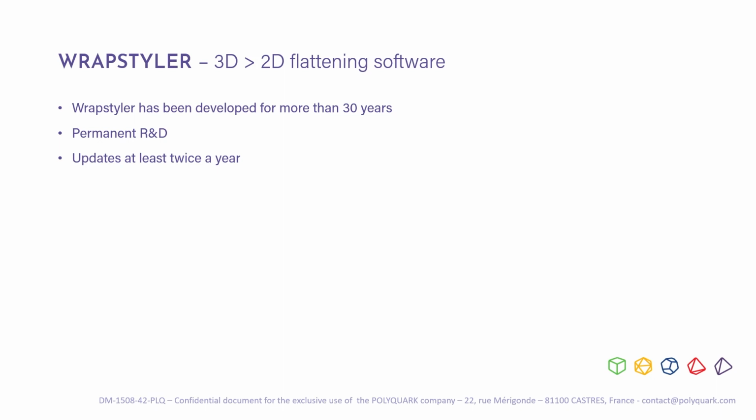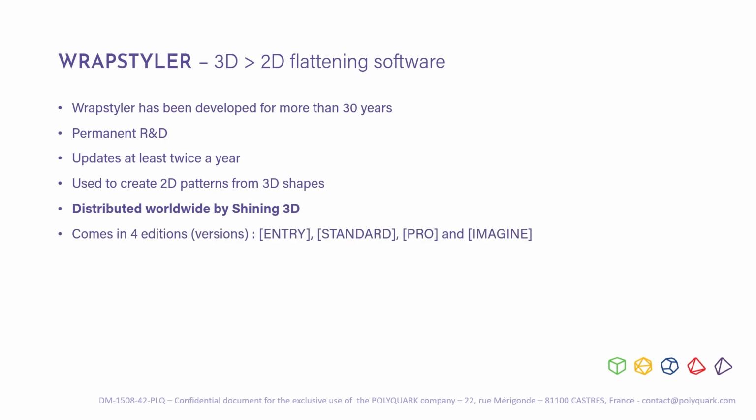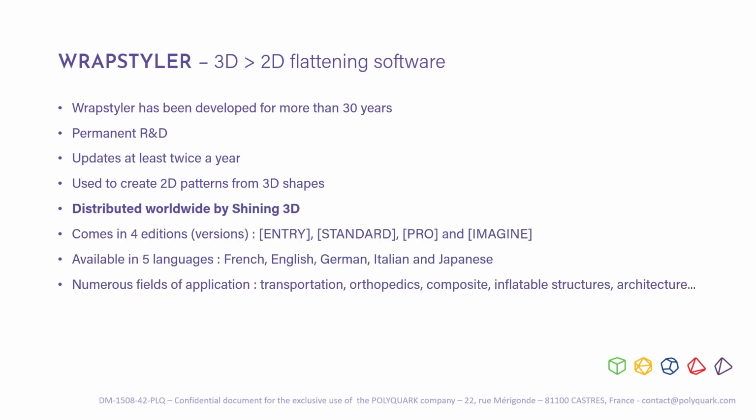WrapStyler is used to create flat 2D patterns starting with 3D shapes for cutting, sewing, or other applications. It is distributed all around the world by our partner Shining 3D, and it's used in a lot of different industries like orthopedics, composite, upholstery, architecture, inflatable structures, and of course transportation like here.